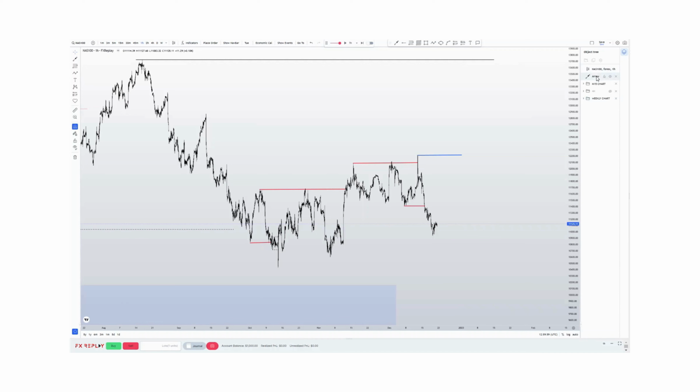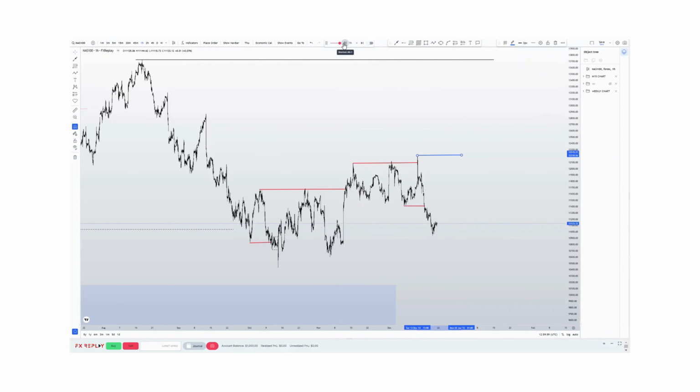So it's a signal that price has now pushed back towards either discounted pricing, premium pricing, or equilibrium, and now price may want to play the continuation of the H4.